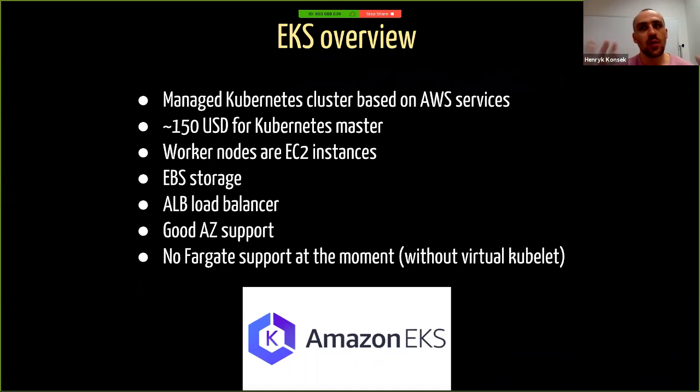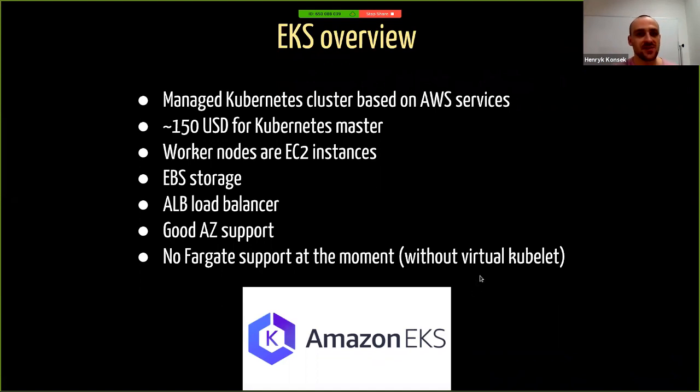And what is really nice about the AWS EKS service is that it maps Kubernetes abstractions pretty nicely into well-known AWS offerings. So, for example, worker nodes are EC2 instances, and you can actually see them in your EC2 console. Volumes are backed by EBS storage.